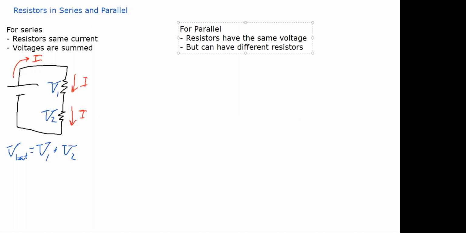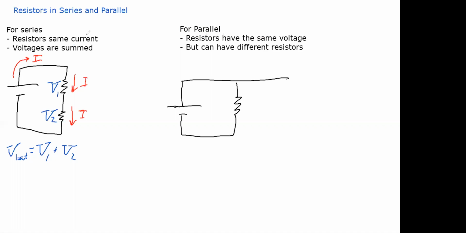All right, so the circuit for that will look something like this. You have your battery, and for resistors in parallel, it splits up, right? You have a junction there, and it splits up into two resistors. So here is my junction. I have a junction here and a junction here.